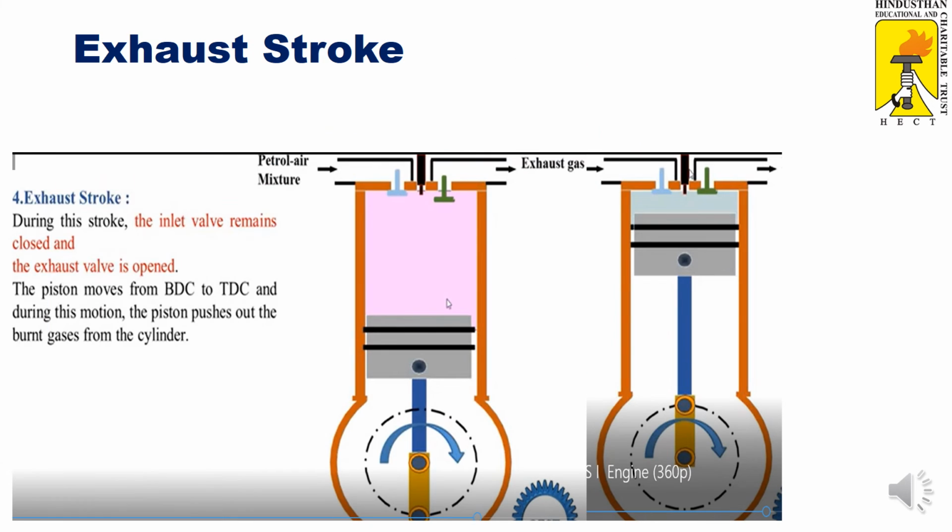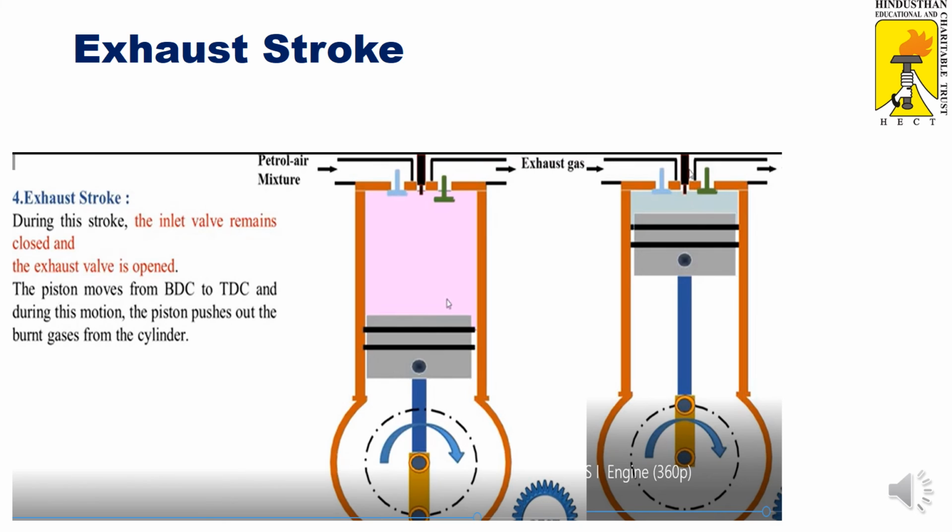The next and last stroke is the exhaust stroke. When the piston reaches BDC, the exhaust valve is opened. At that time, the inlet valve is in the closed condition. When the exhaust valve is open, the pressure of the hot combustion gas inside is very high, but the atmospheric pressure is low compared to the pressure inside the cylinder, right? Gas flows from the high pressure region to the low pressure region, which is normal.